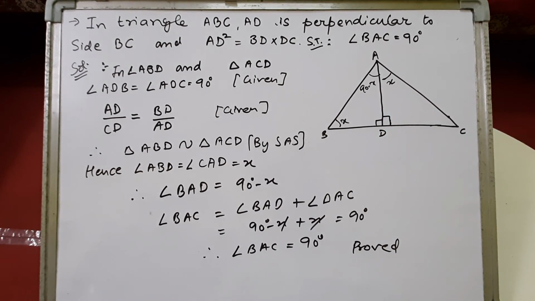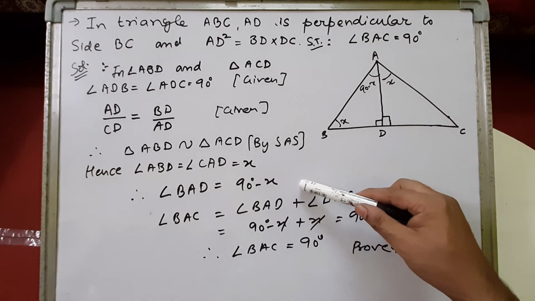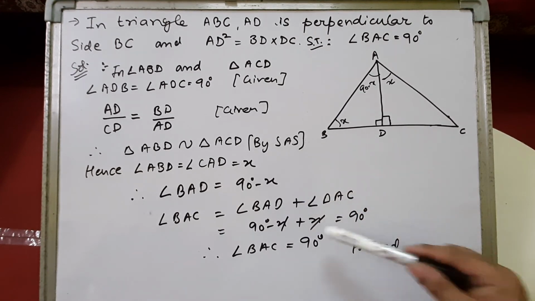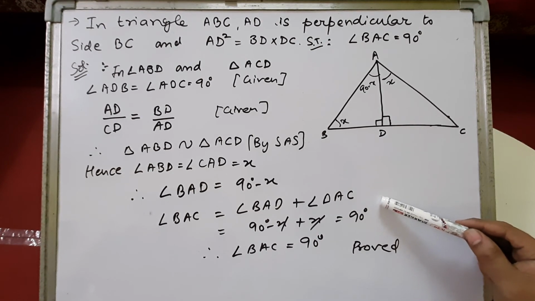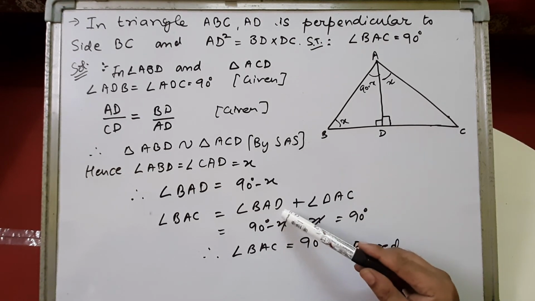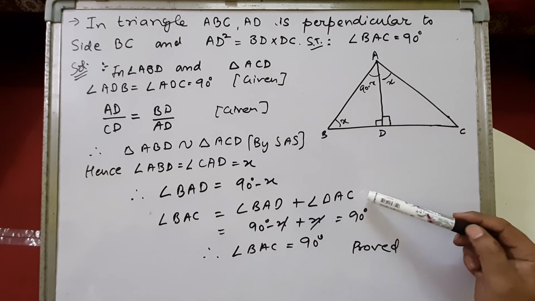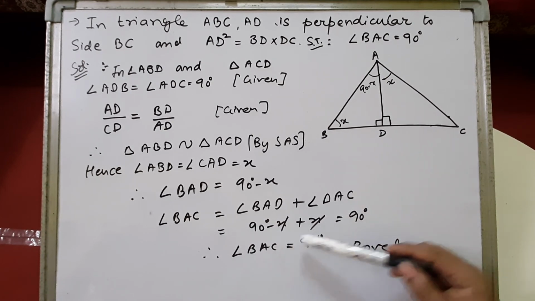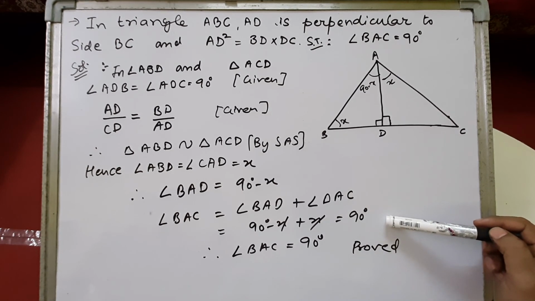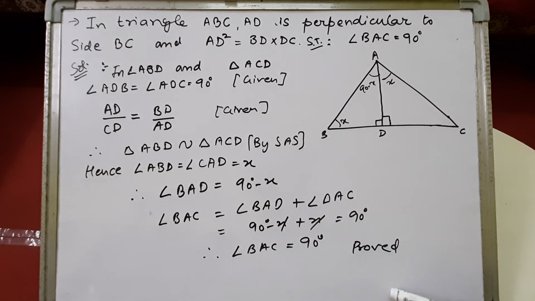If we have to calculate the value of angle BAC, then it will be angle BAD plus angle DAC. So when we substitute the values, we get 90 minus x plus x. So the plus x and minus x get cancelled. We'll get the value 90 degrees. So from here we have proved that angle BAC equals 90 degrees. Alright children, please note down the solution.